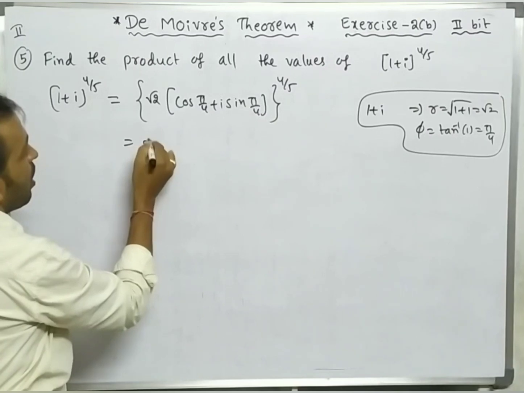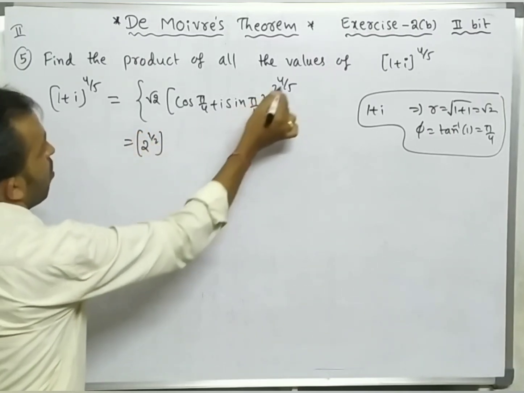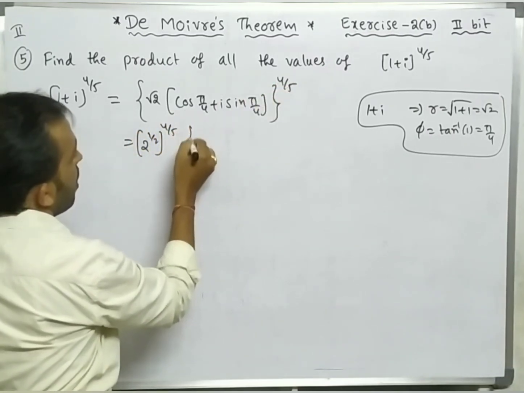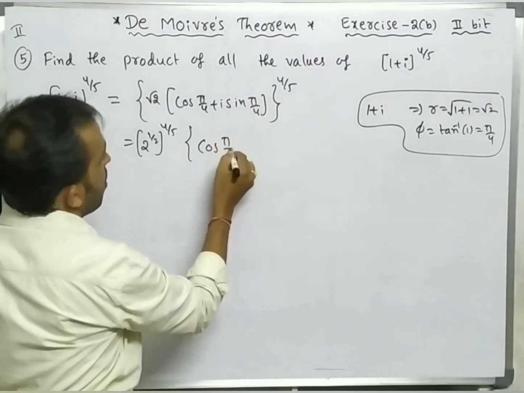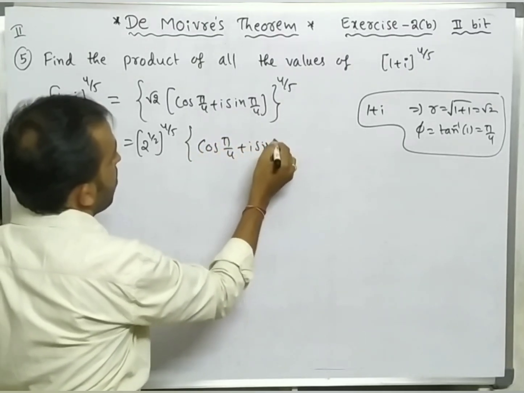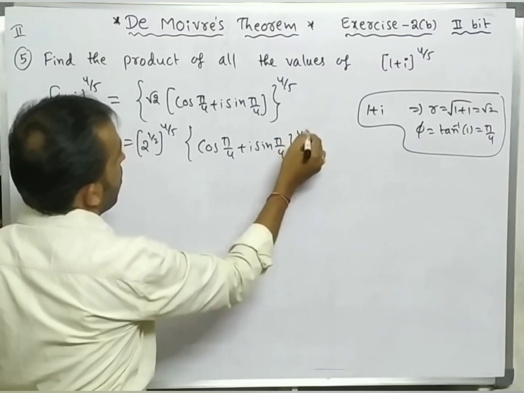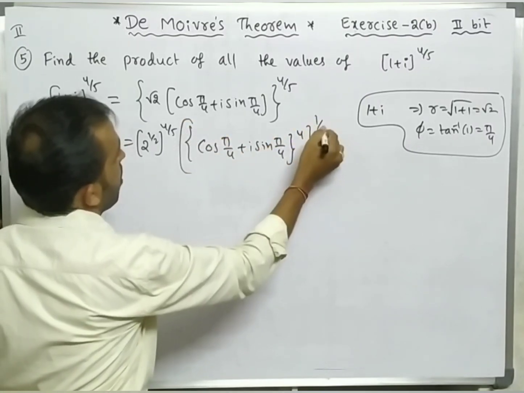So root 2 can be written as 2 power 1 by 2, whole power 4 by 5, into (cos pi by 4 plus i sin pi by 4) whole power 4, whole power 1 by 5.